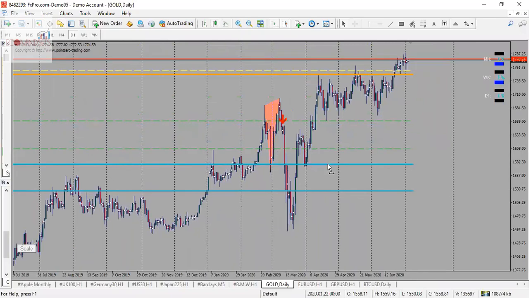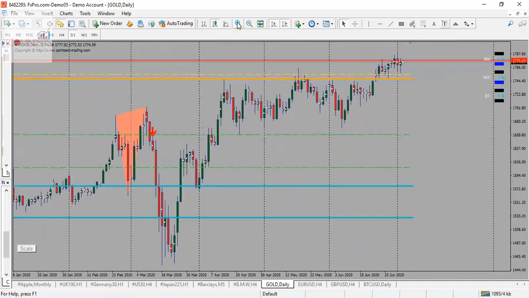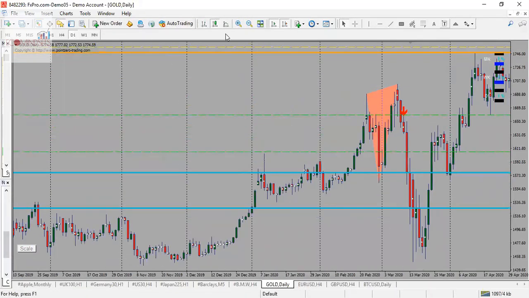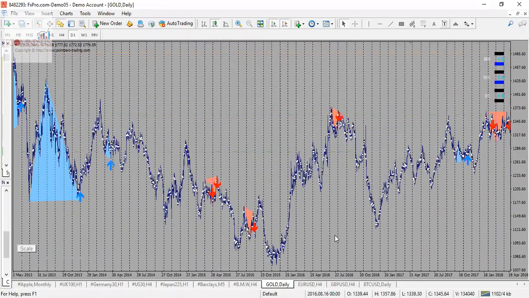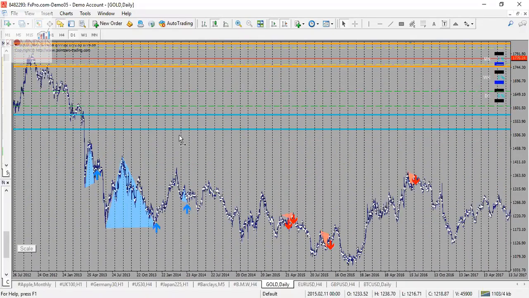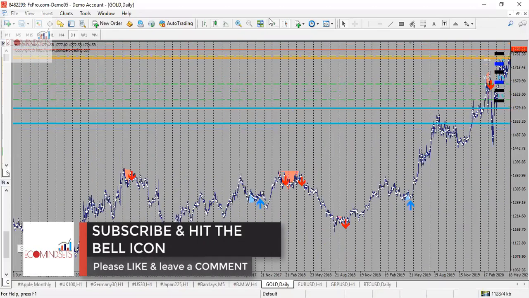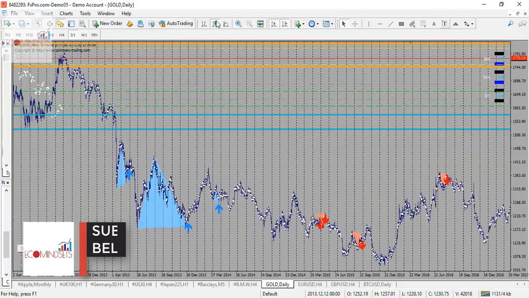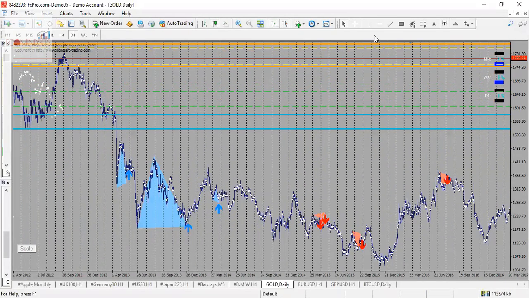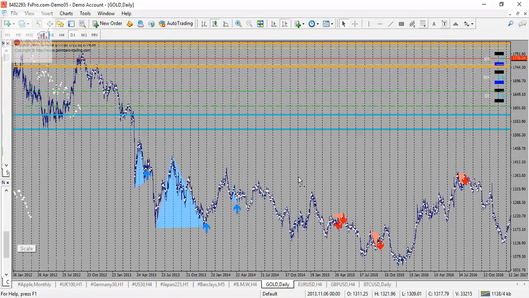Now, what do we have here for the daily? Let's scroll back. Okay, so on daily, the nearest resistance level is where price is right now. Price is at the resistance level on the daily time frame as well.